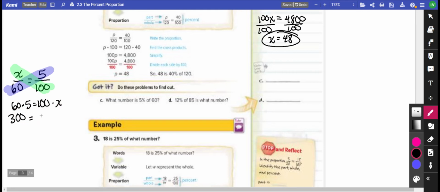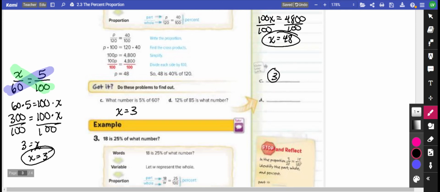That is 300 equals 100 times x. I'm going to divide both sides by 100. I get 3 equals x, so x equals 3. So what number is 5% of 60? That is going to be the answer of 3.